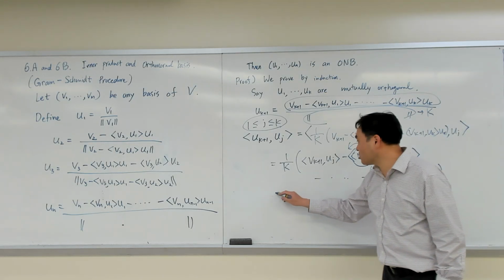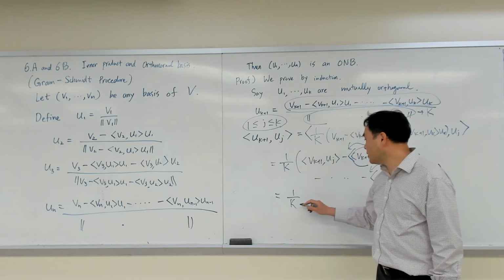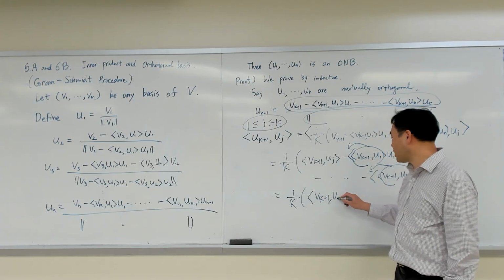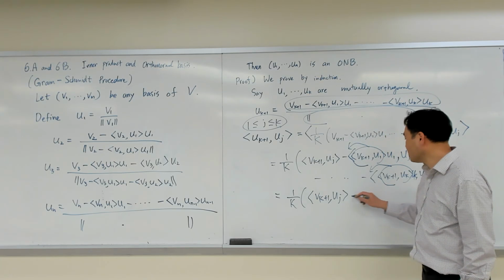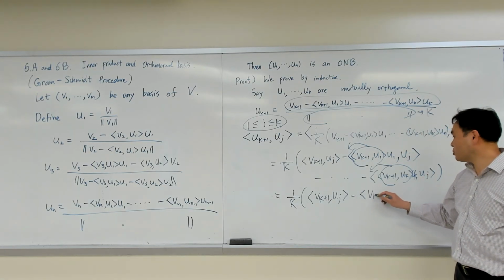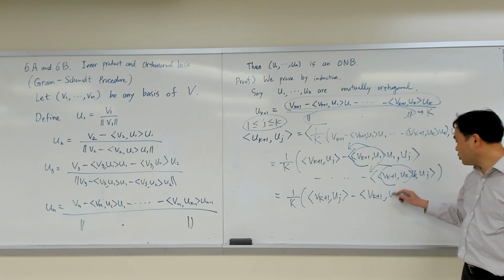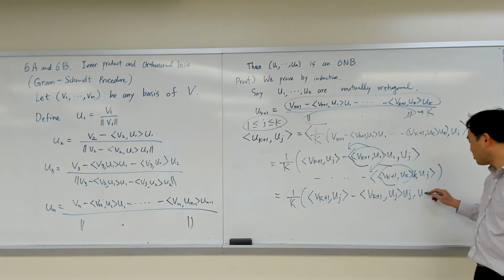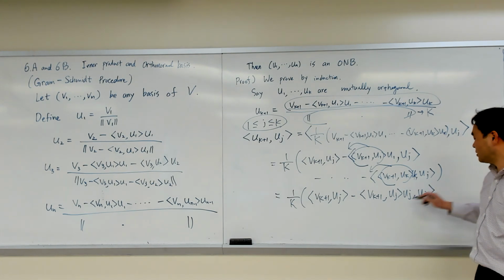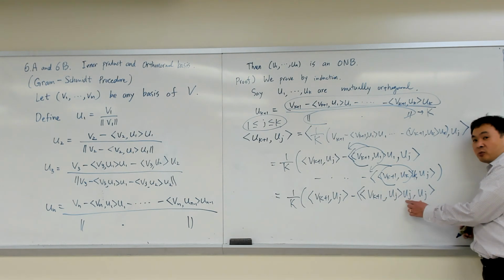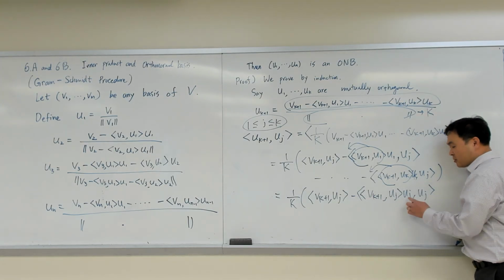So it's 1 over K times (v(k+1), uj) minus (v(k+1), uj)(uj, uj).